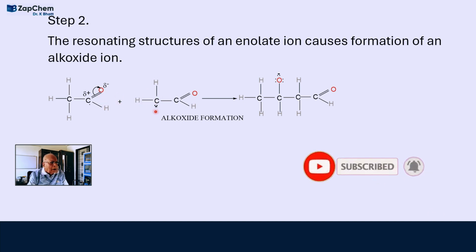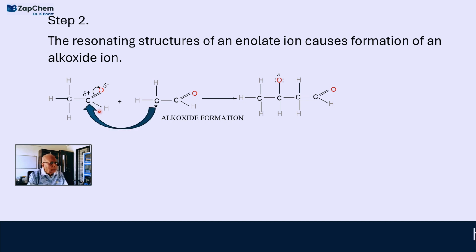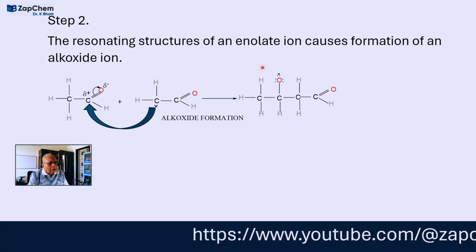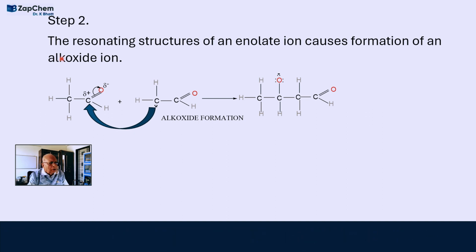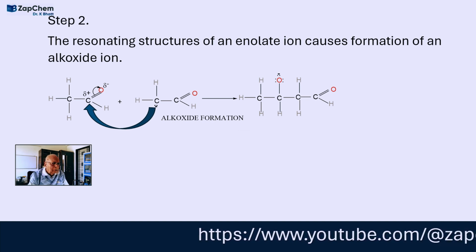The enolate ion is negatively charged, and in the carbonyl group, oxygen has a partial negative charge and carbon has a partial positive charge. So they interact here and form an ion containing an alkyl group. We call this alkoxide formation. So the resonating structure of the enolate ion causes the formation of alkoxide.